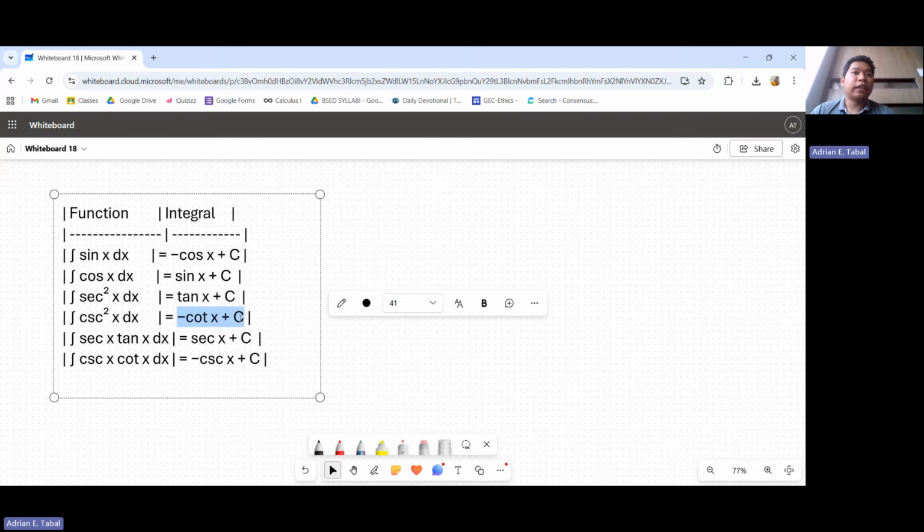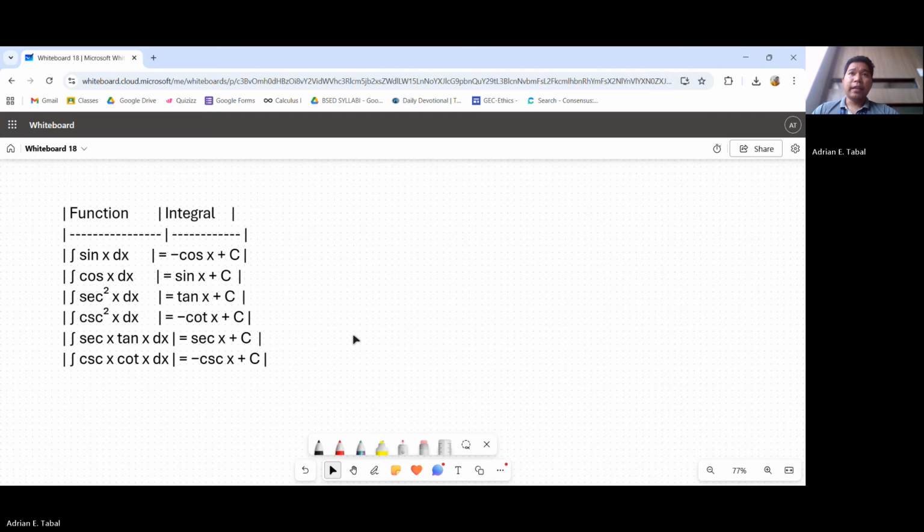The integral of negative cosecant squared x is negative cot x plus c. The integral of sec x tan x is sec x plus c, and the integral of cosecant x cot x is negative cosecant x plus c.